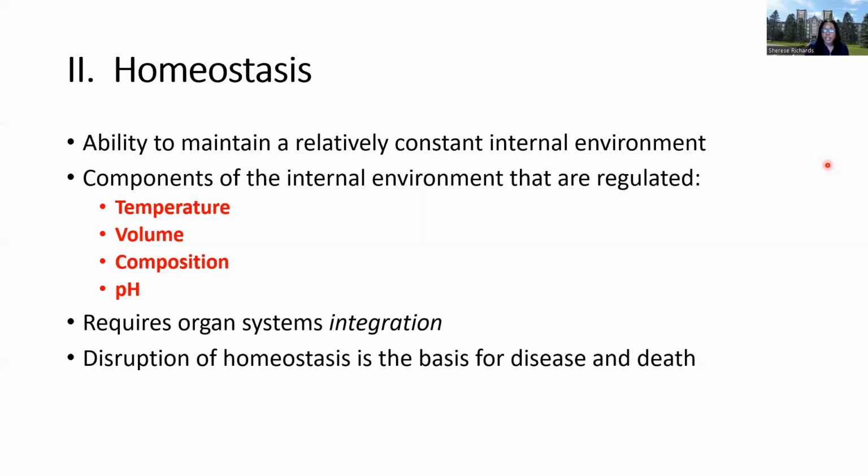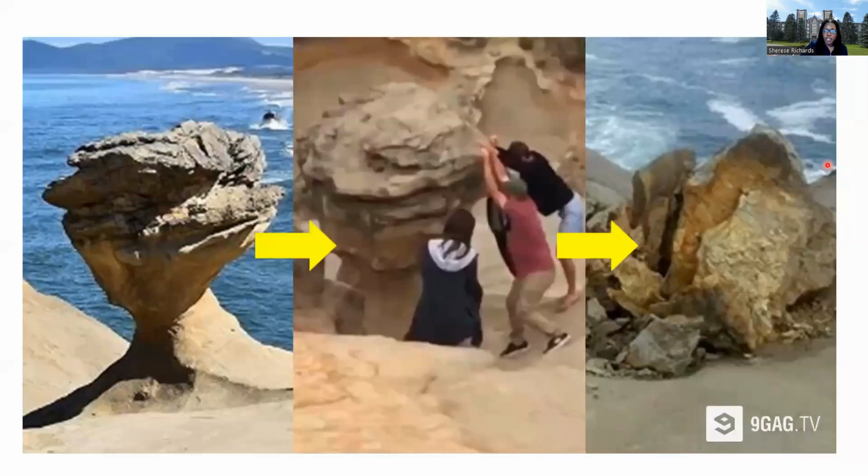That can be fatal. And that's more of a drastic, more immediate change. But even if this is happening on a small scale, chronically, right, more long-term, that can also be the introduction of disease, more chronic diseases, and that can lead to death. So homeostasis is important at keeping our body constant, and then any disruption to that is the introduction of disease.